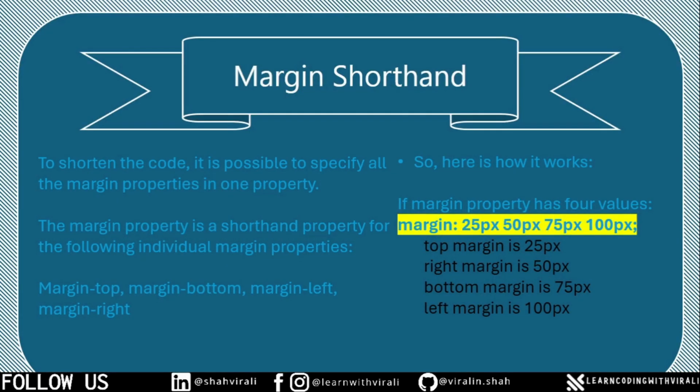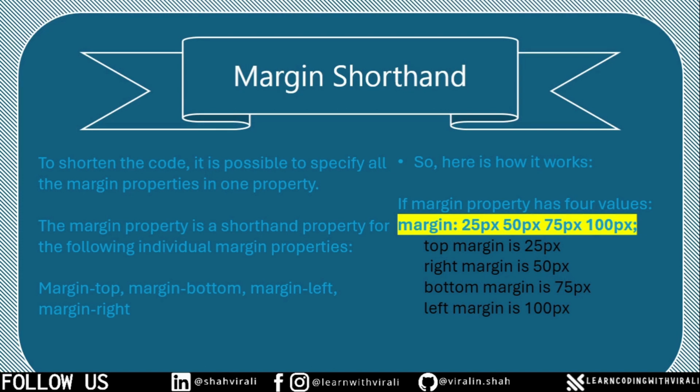Let us see if we can shorten this in a shorthand format. To shorten the code, it is possible to specify all the margin properties within one single line. The margin property is a shorthand property for the following individual margin properties, which definitely include those 4 types: margin top, margin bottom, margin left, and margin right.